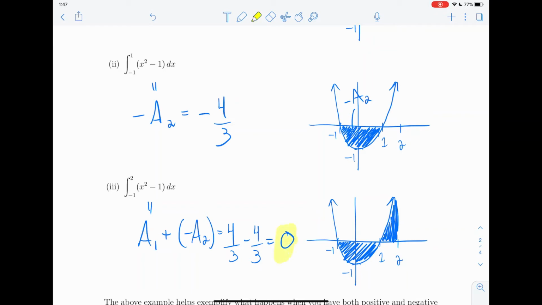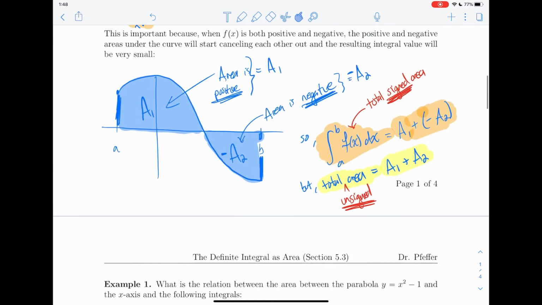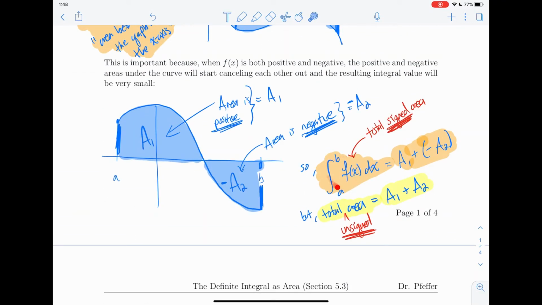This is a weird answer because, again, the way we introduced this was that we said, oh, the integral, it's the area under the curve. How can the area under this function x squared minus 1 possibly be 0? And this is why it's important to remember that the integral is returning signed area.